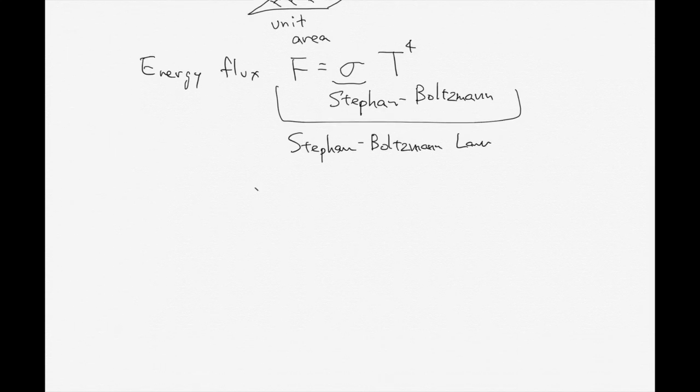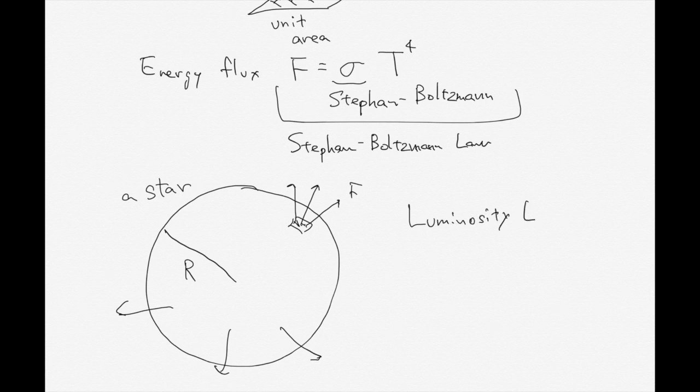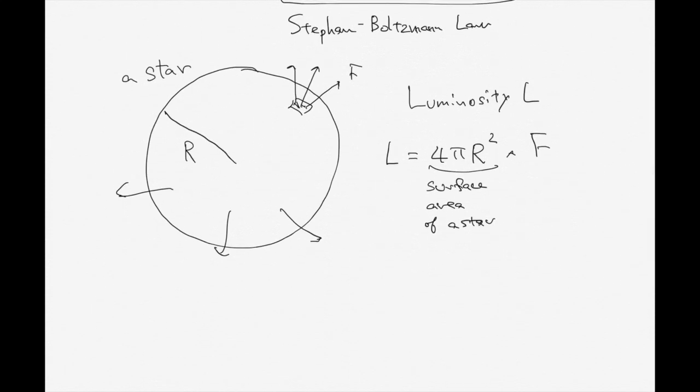If we consider the total surface of a star, the radius of the star is a capital R. From the unit area, the energy flow is F. So the total amount from all of the star's surface is given by the luminosity L, which can be obtained with 4πR², the surface area of a star, times flux.